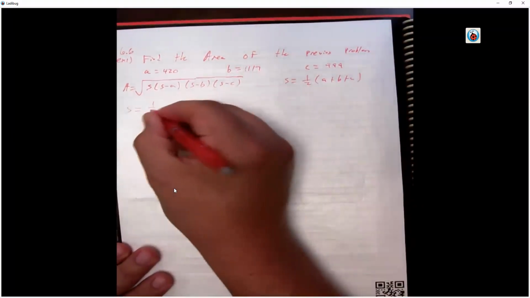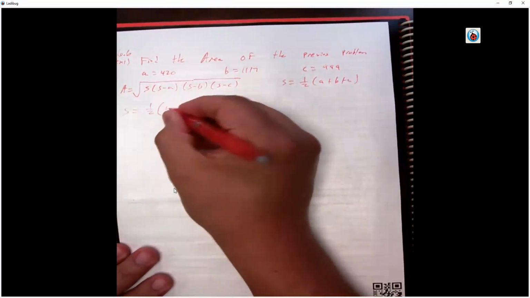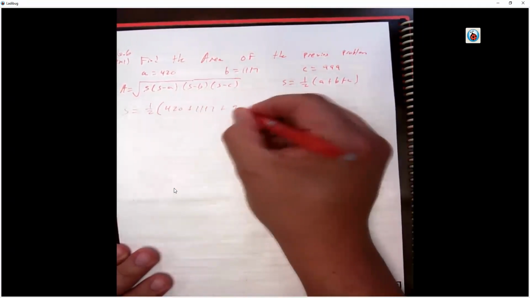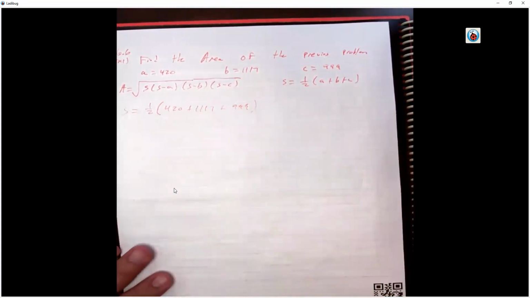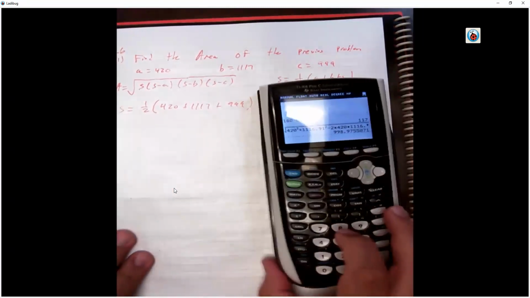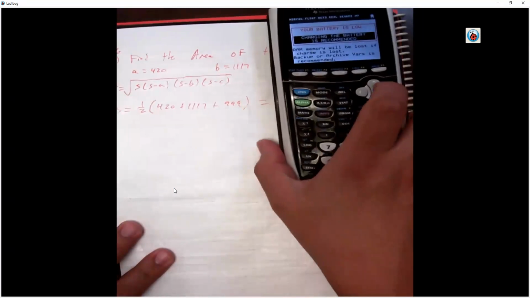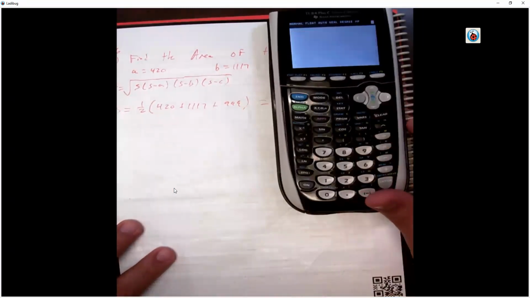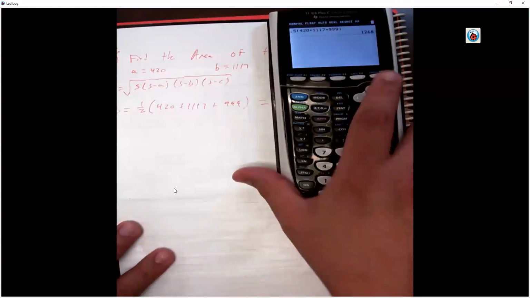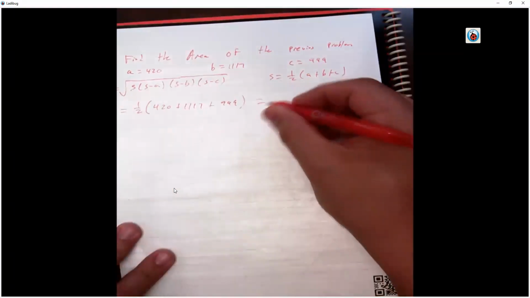S is equal to 1/2 times the sum of the sides, which is something. We got 1268.